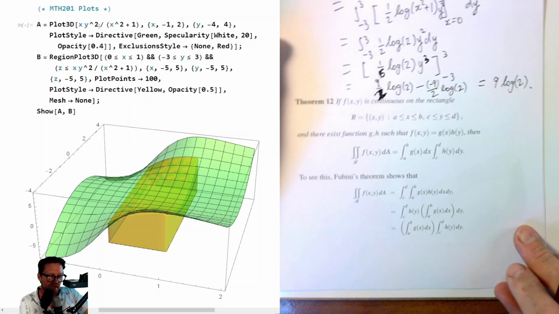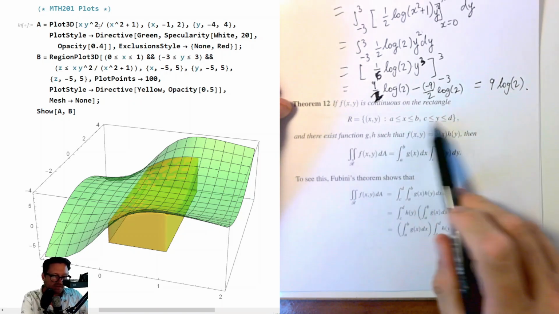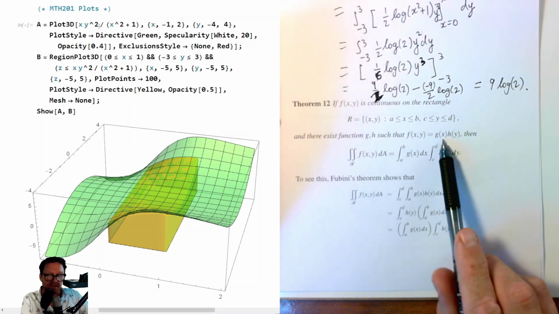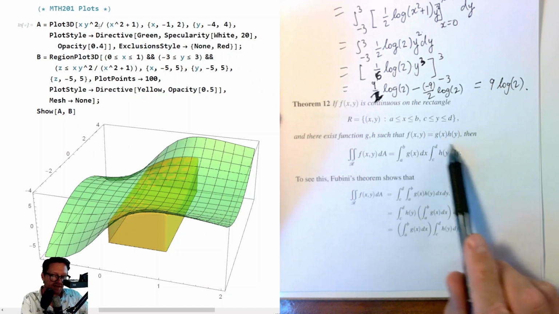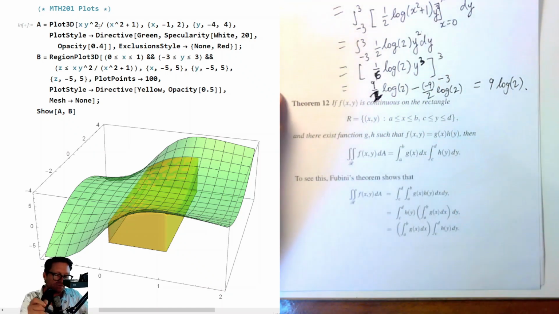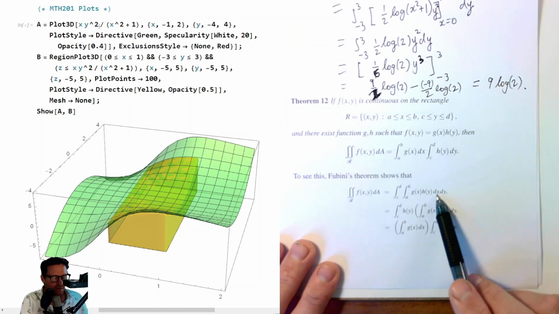Theorem 12. If f of x y is continuous on the rectangle, so we've got a rectangle, and we have a function that is a product of a function of x and a function of y, well, then we can just break this up into 2 integrals of one letter. So to see this, Fubini's theorem shows us that we can put x first, right?